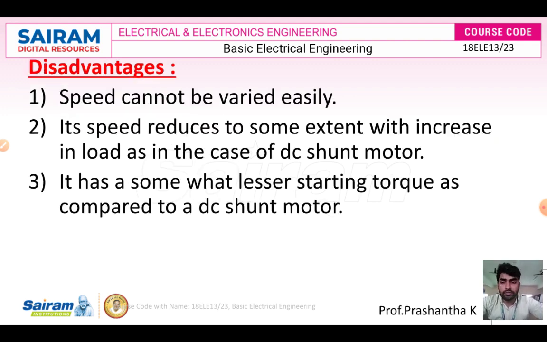The disadvantage of this one is that speed cannot be varied easily, and the speed reduces to some extent with an increase in load, as in the case of a DC shunt motor. It also has somewhat lesser starting torque as compared to the DC shunt motor. So starting torque is less, okay.